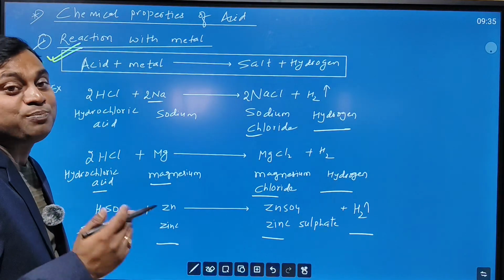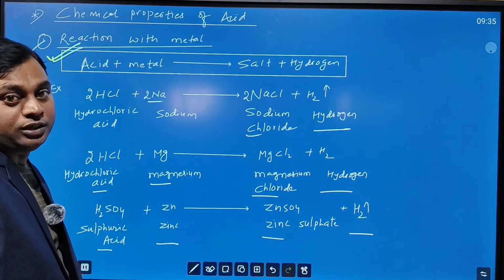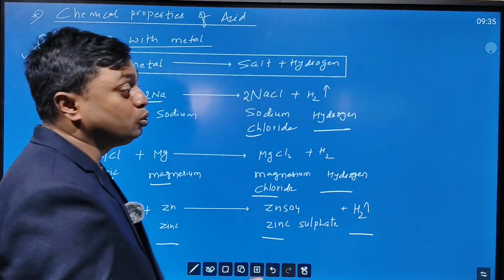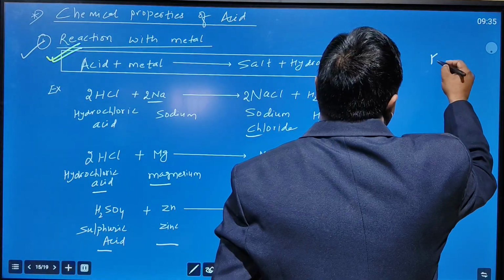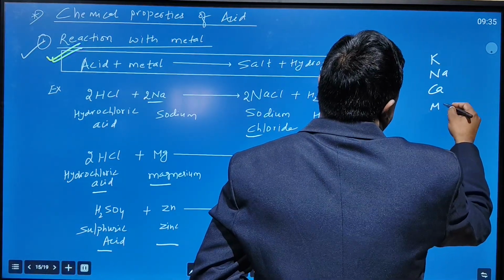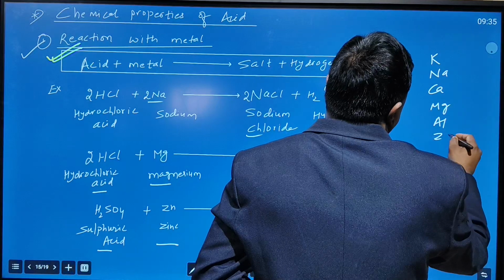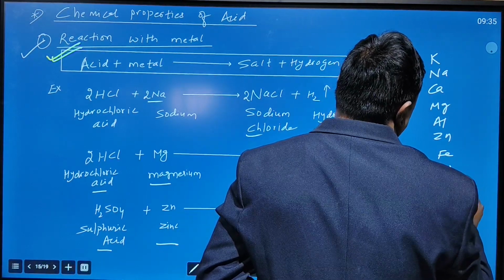All metals will not displace hydrogen from the acid. Only those above hydrogen in the reactivity series will. So in the reactivity series, remember potassium, sodium, calcium, magnesium, aluminium, zinc, iron, lead. Hydrogen is there.